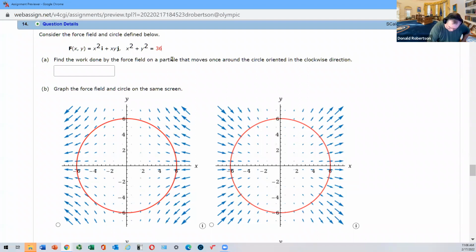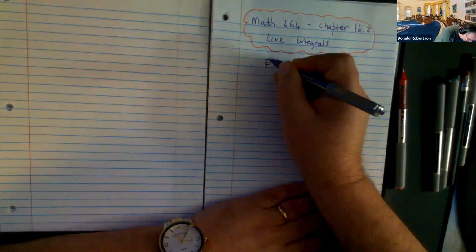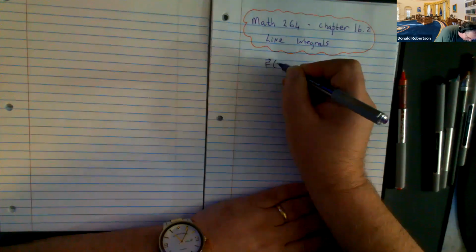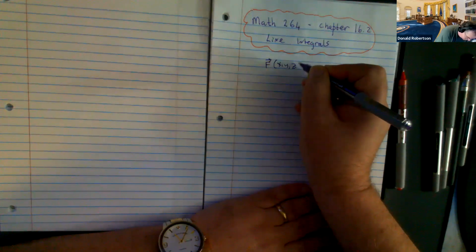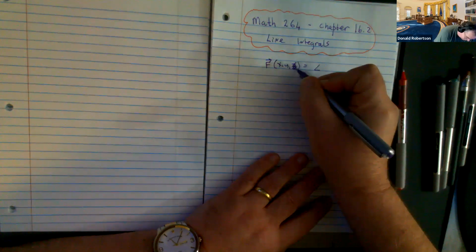So we know that the work done is a line integral made up from the dot product of the force function with essentially dr. So what I have is my force function, my vector field, and it's only in 2 dimensions.